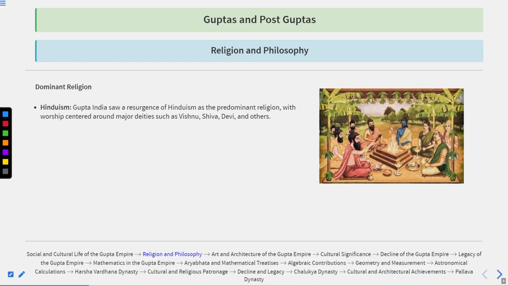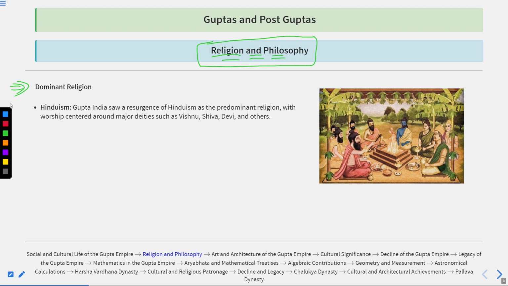After this, if we go to the religion and philosophy of the Gupta Empire, basically we know about the Mauryan period, like we discussed in the previous lecture; here we are just revising it again in a quicker way. During the Mauryan period, Jainism and Buddhism got an edge over Hinduism, right?